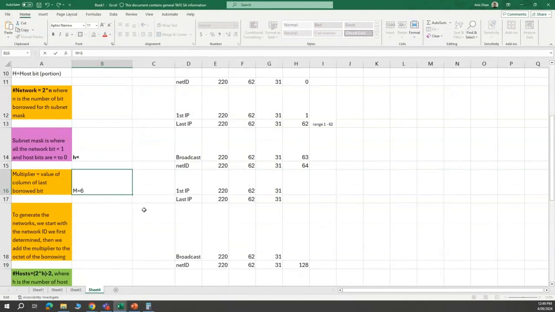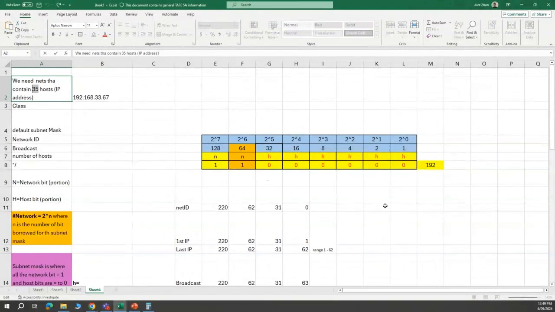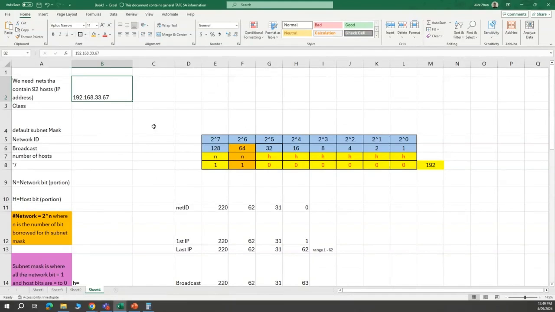And what I want you to do now, instead of 35 hosts, I'm going to make this number into something else. Let's do 92 hosts. That's the IP address you start off with. That's a requirement. Can you please try to do it yourself? Again, I'm going to give you about 15 minutes to try to do it yourself, and then we'll work through the answers together, and hopefully you can check yourself.